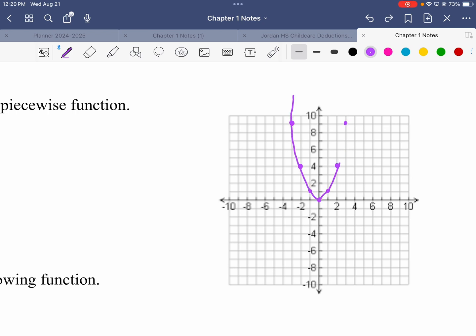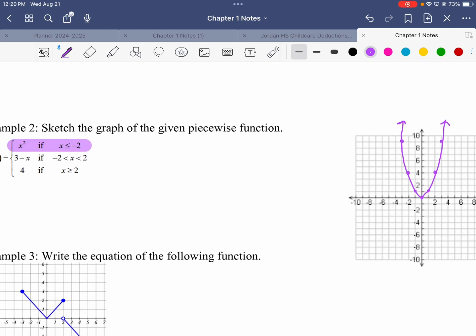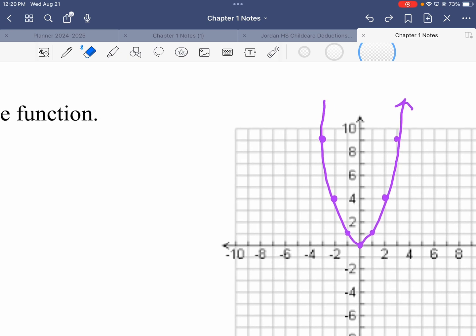Okay. So that's what it looks like, except in this case, I only want it when x is less than or equal to negative 2, right? So where is x equal to negative 2? Right here, this point, right? So I'm going to erase everything that's bigger than that, because I don't need it anymore.